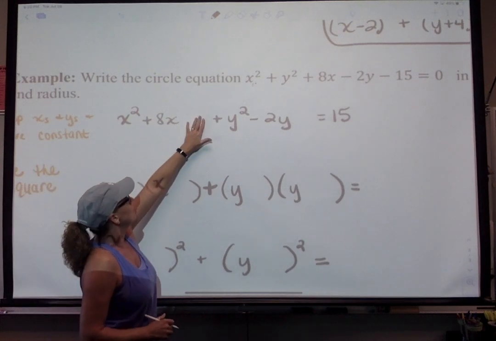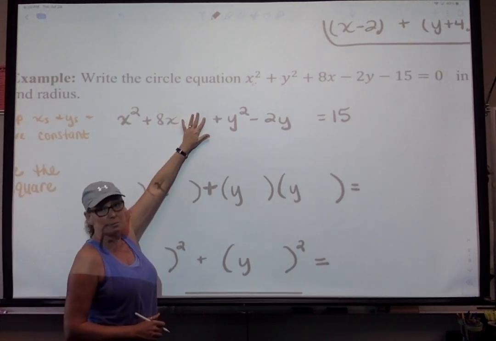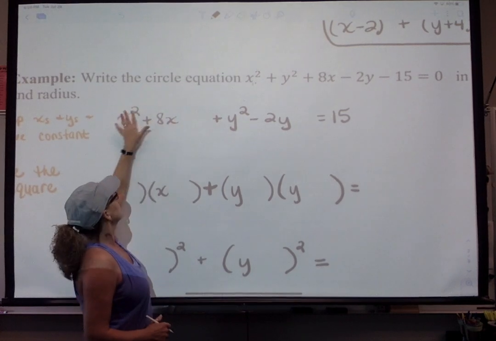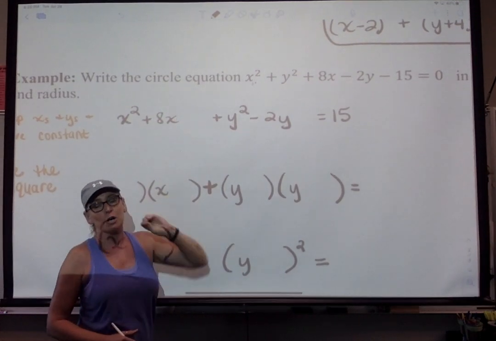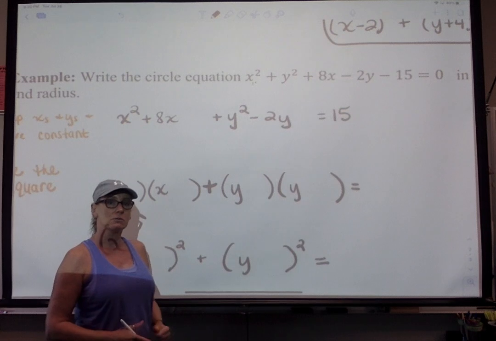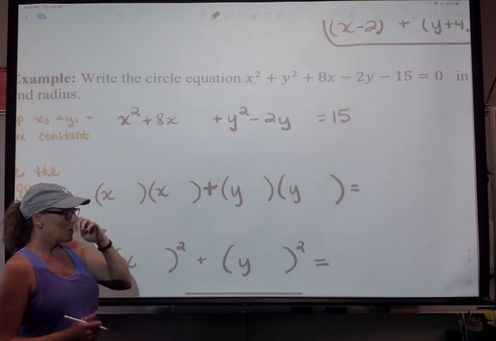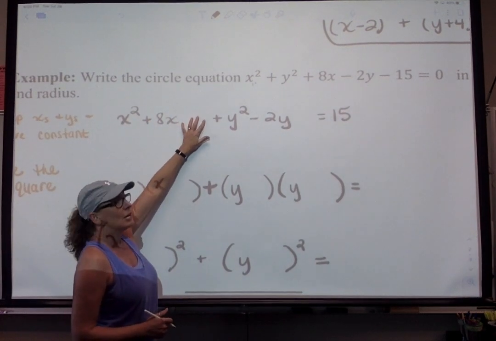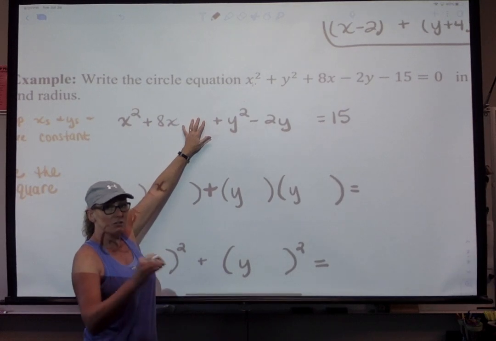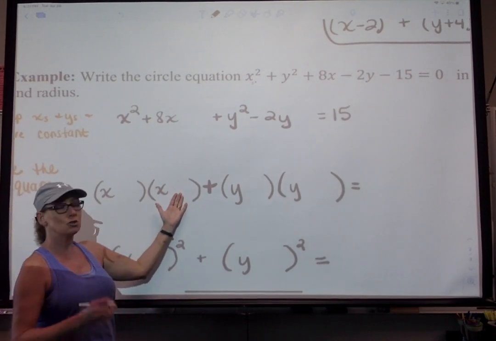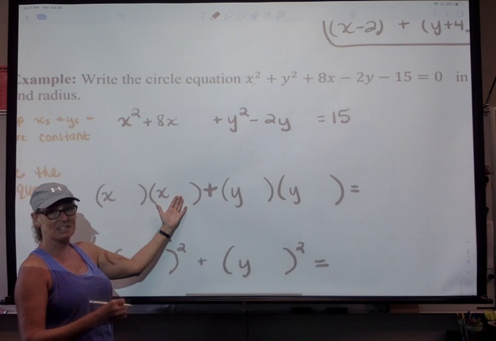This needs to be 1, 2, 3. There needs to be a term here so that these three terms are a perfect square trinomial. What that means is a perfect square trinomial is the result of multiplying two identical sets of parentheses together.